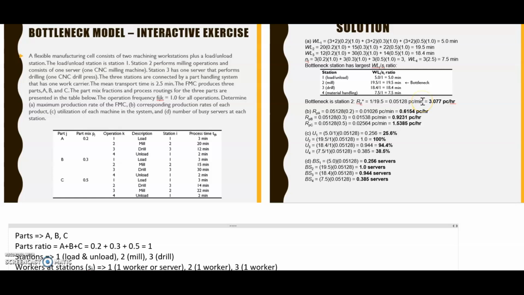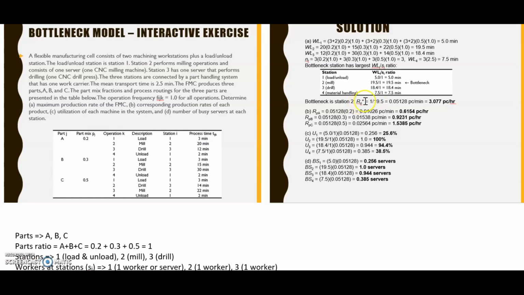This can be converted into hours by multiplying by 60, so we get 3.077 pieces per hour. This is the maximum production rate of the FMC.